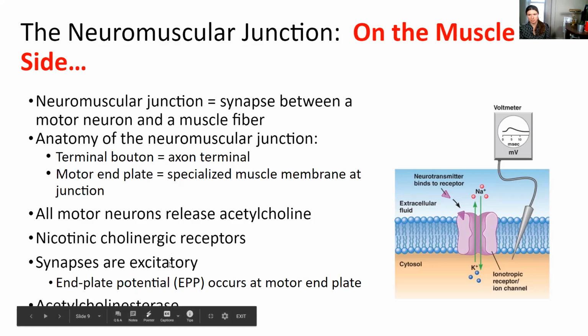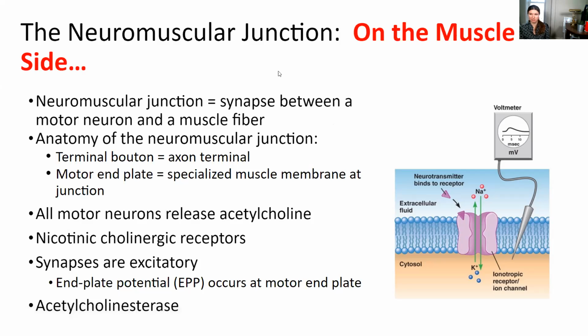It's always going to be excitatory. So we don't have to do EPSP and IPSP when we're in our muscle cells. The EPP, always excitatory. Okay. We're also going to see an enzyme called acetylcholinesterase involved in these neuromuscular junctions, which is going to be working to clear our acetylcholine.